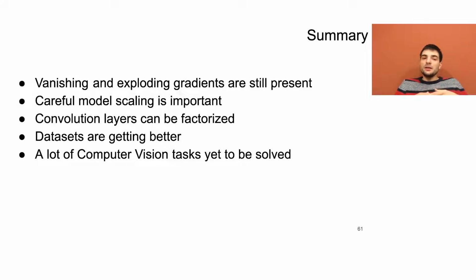We should nowadays think not only about making models bigger, deeper, and so on, but about scaling them and making them smaller as well, because we don't have enough computational resources to run the models at the same time. A beautiful idea about convolutional neural networks is that a convolutional layer might itself be factorized to reduce the number of operations we need to compute. Datasets are getting bigger, that's great, but models are getting bigger even quicker, and that's kind of a problem.